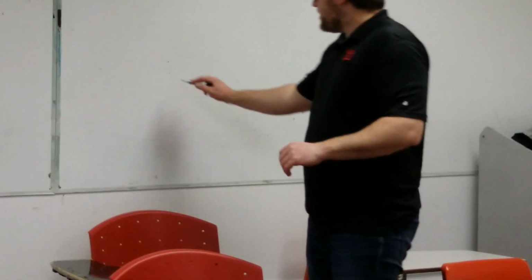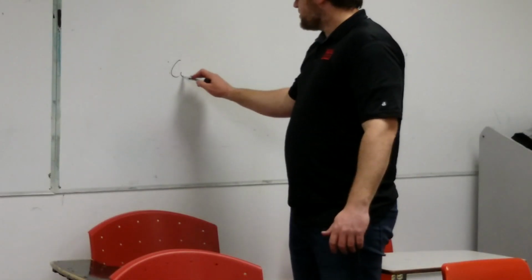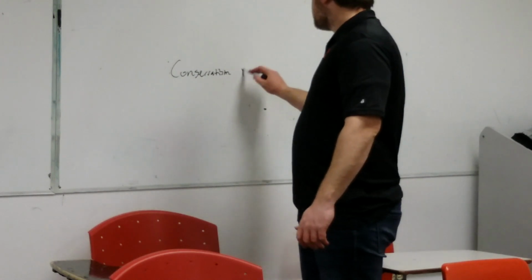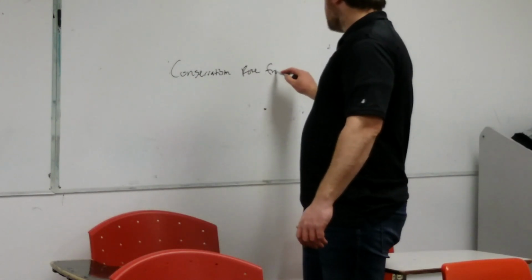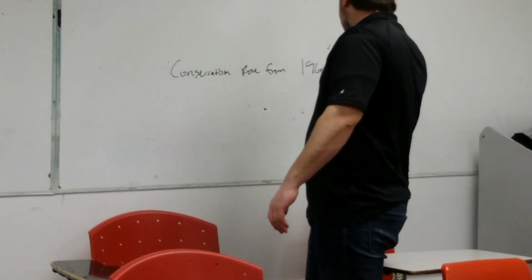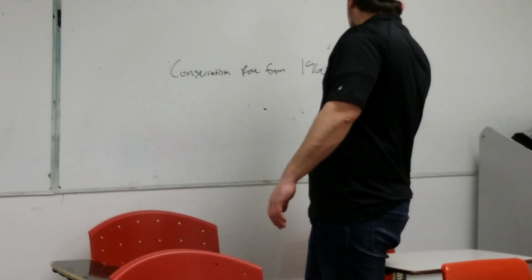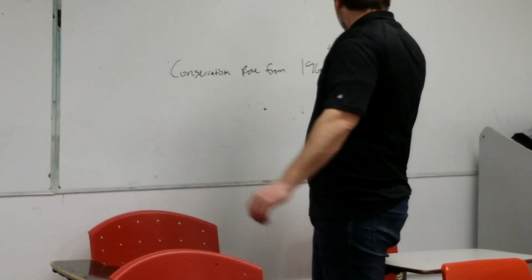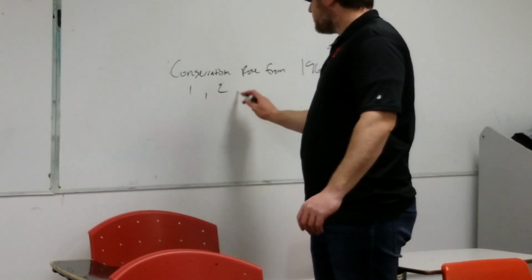So you could say conservatism rose from, what are the dates they had on there? 1960 to 1980, because, then you need to have points 1, 2, 3.